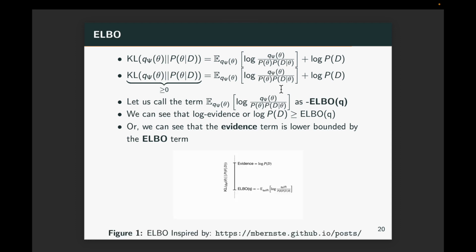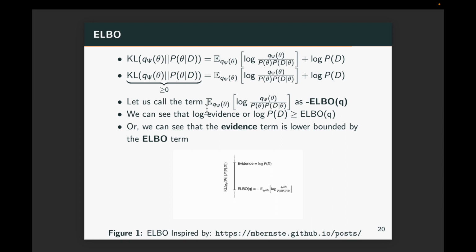So if we draw this diagram, I showed this diagram from this post last time. If we look at the ELBO term and we add the KL divergence to it, then we get the evidence term. The KL divergence can be 0 also, which is when the two distributions are exactly the same. So therefore, we don't know the posterior, but we can compute the ELBO term.